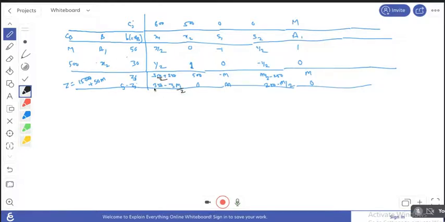Now we have to find out which is the largest negative. Suppose M equals 1000 here. So this is 350 minus 3000 by 2, which becomes 1500, so this equals minus 1150.